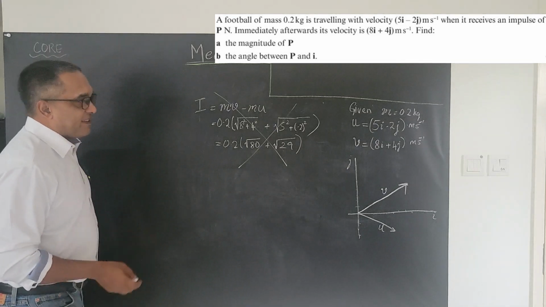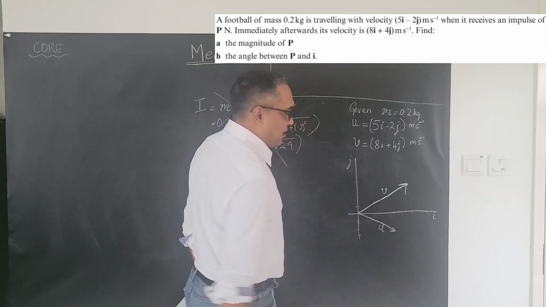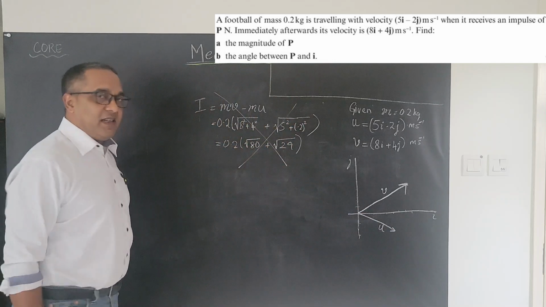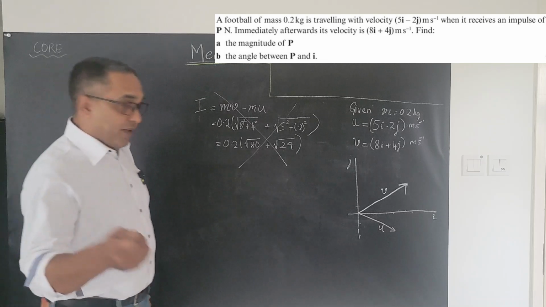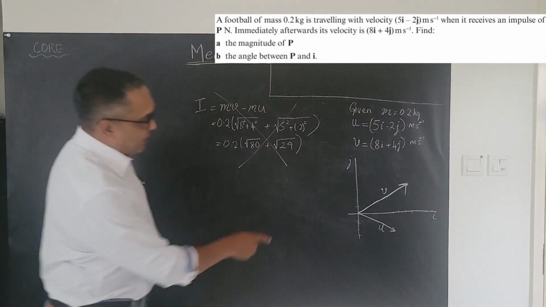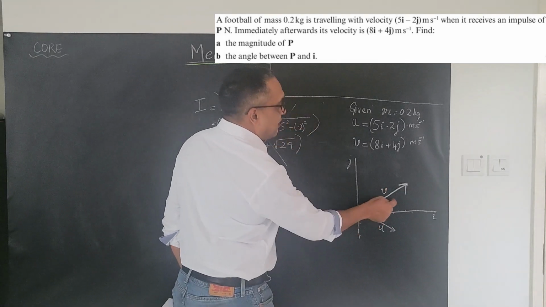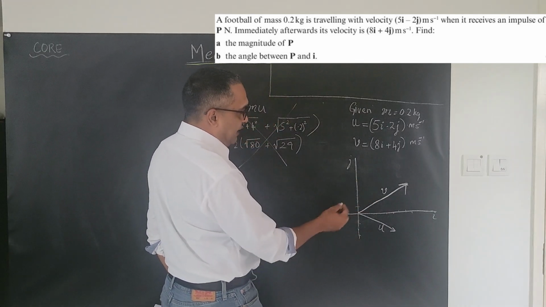And when you're dealing with vectors, unless they're both in the same direction, you just don't add their magnitudes. Clearly the directions are different. I mean, if we resolved them, yes, we could add their magnitudes, but no, this was the initial vector. This is the resulting vector. So something else happened that has caused it.